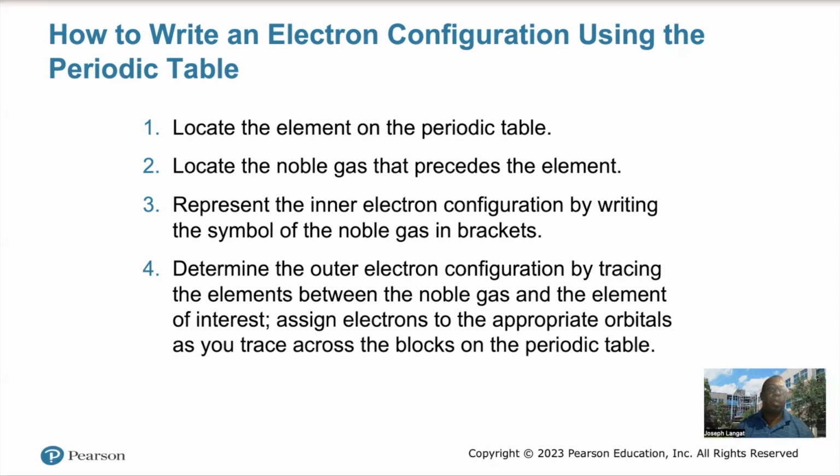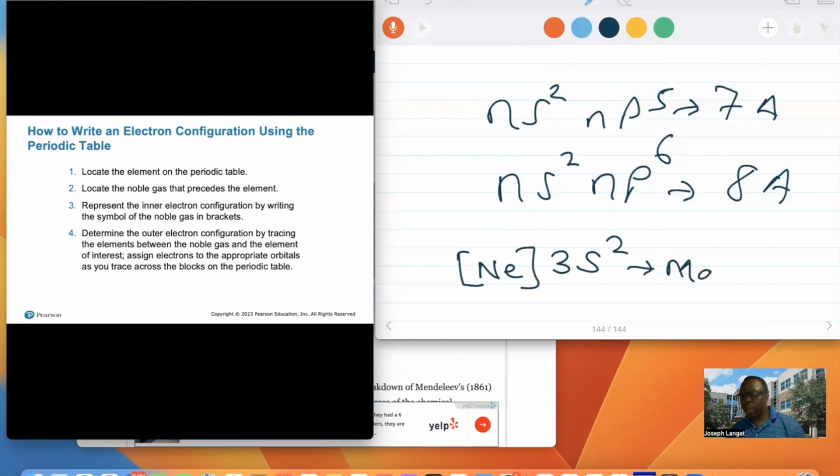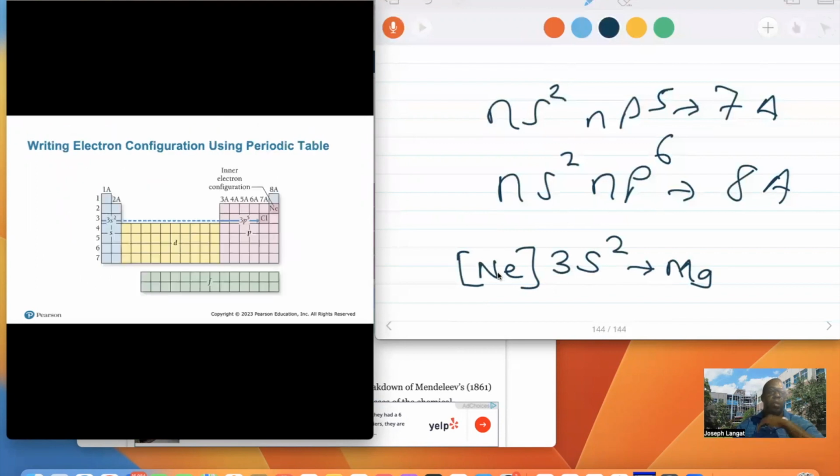What that means is, let's say you are writing for magnesium, neon is 10, 3s2. This is magnesium, Mg, and that is what item number 4 is all about. You will not know how many electrons are accounted for by the core electrons. You need to know the long form of the electron configuration for you to do that.